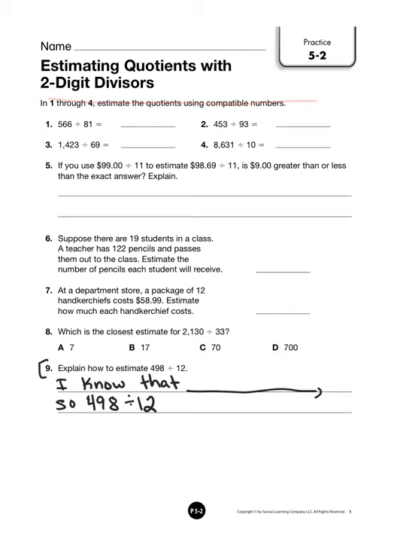And you might say that 498 divided by 12 is close to, and go from there. Okay, so that's just an idea to get you started. Your sentence doesn't have to be exactly like mine, but that's kind of like a word bank that could help you.